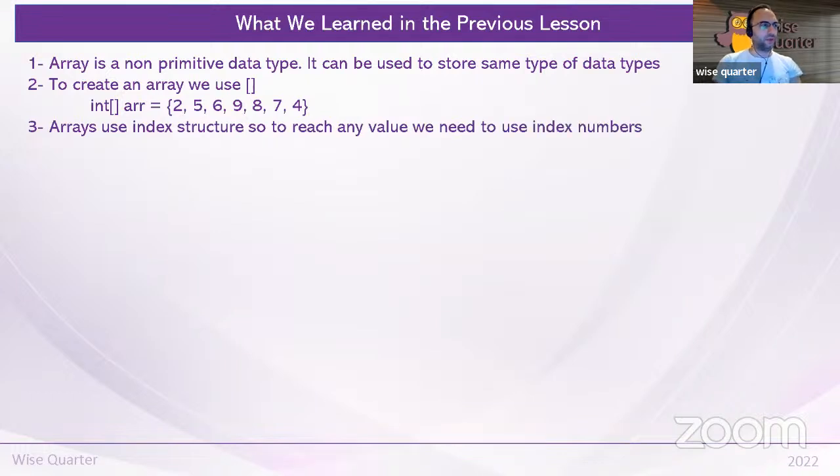And we will have an example here. I have created the array here. Let's reach the second element. To reach the second element, array index 1 will be equal to 5. Now let's write it like this.